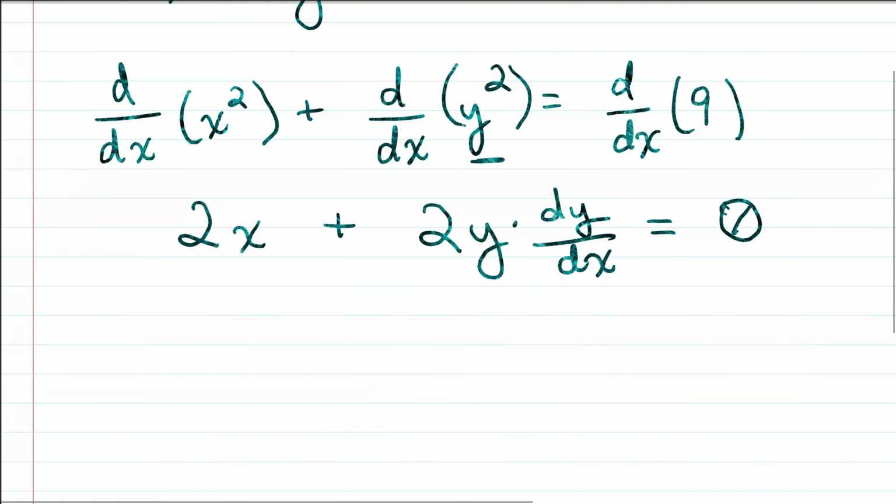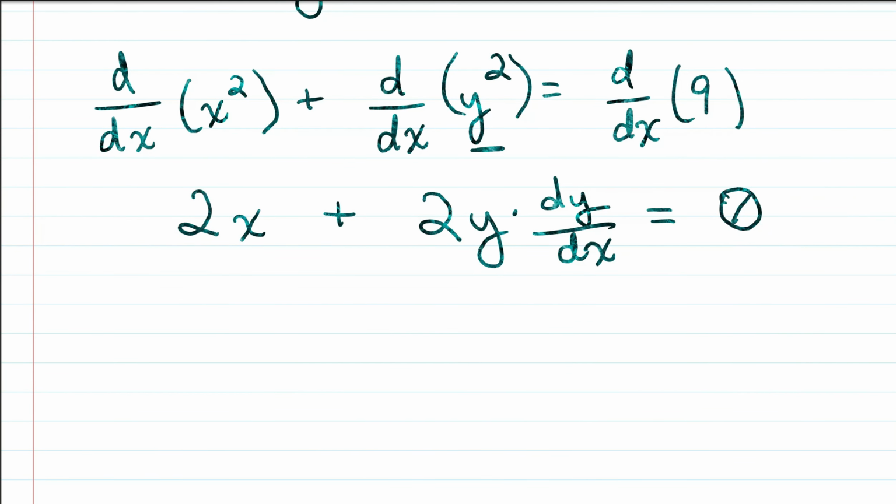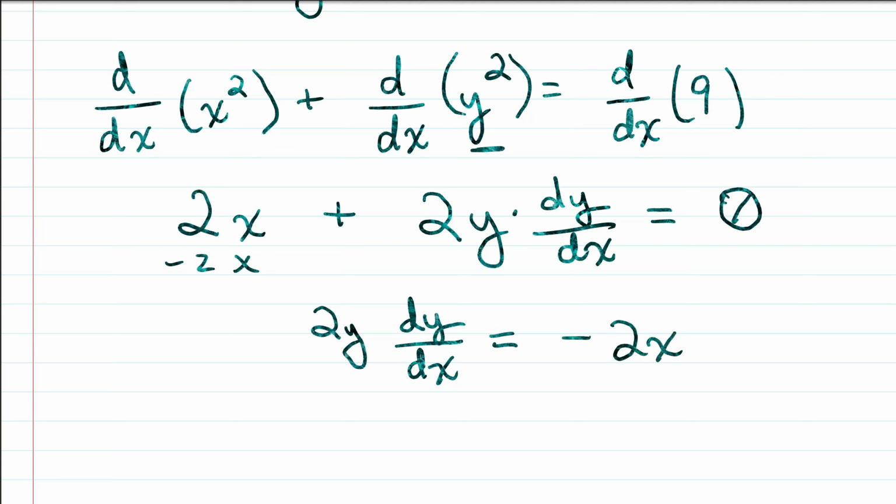In the next step, after you've taken the derivative of all of the terms in your problem, you'll solve for dy dx. To solve for dy dx, we need to get the 2y dy dx by itself first. So we move the 2x to the other side by subtracting 2x from both sides.